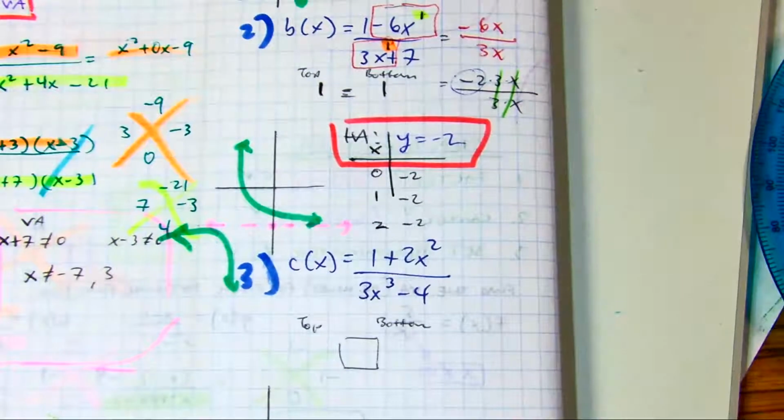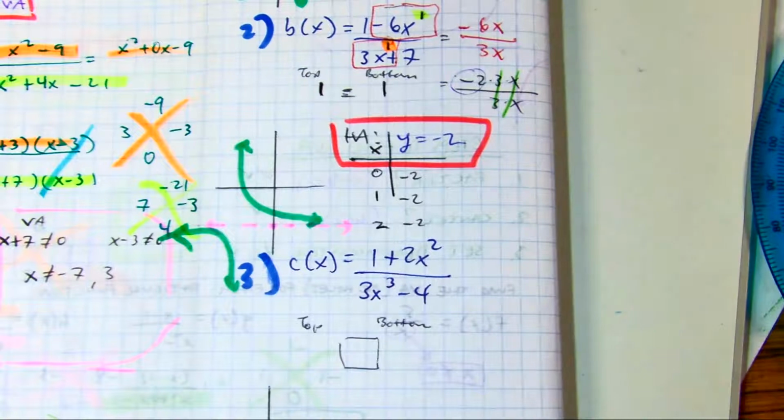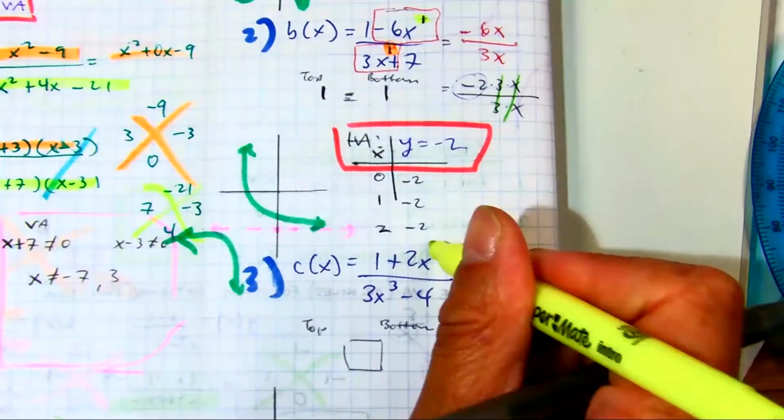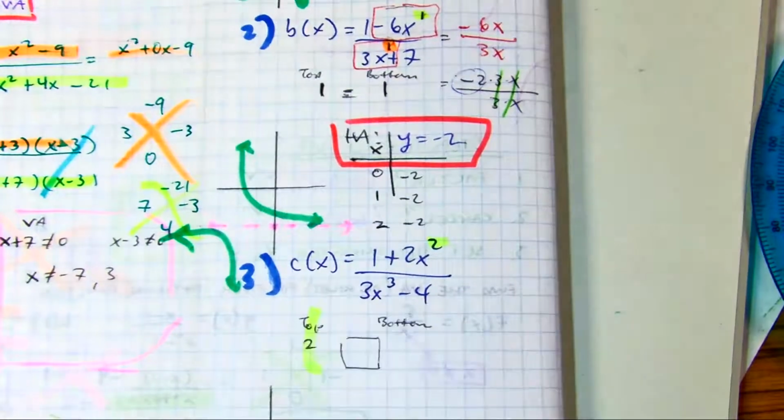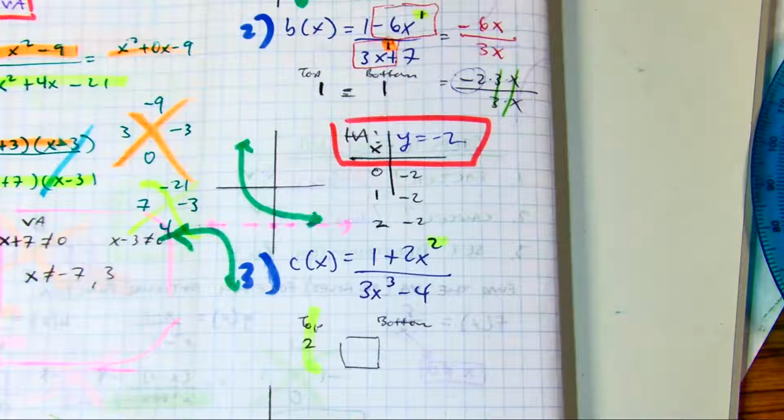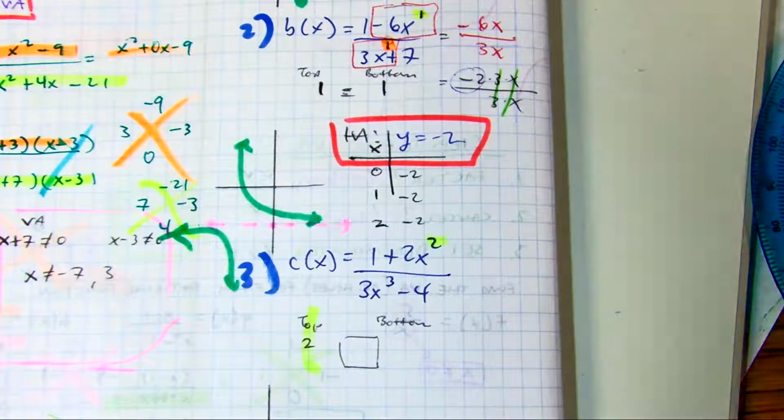Pablo, what is the top degree? 2. Raise your hand if you got 2. Good job. Bottom degree. Brianna. 3 is correct.